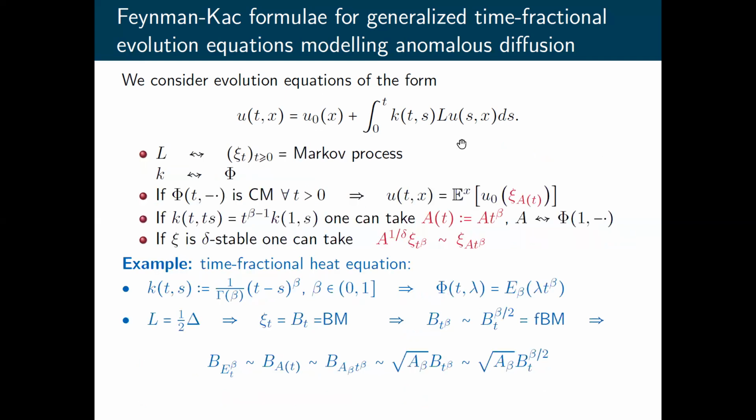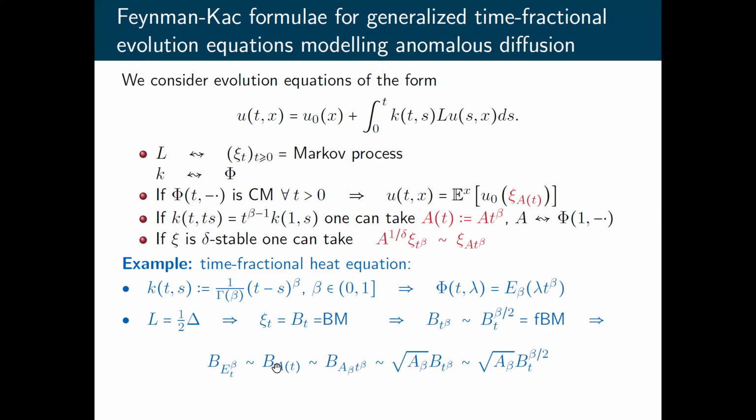Let us consider a particular example, time-fractional heat equation. So the kernel is given by a power function. Then the corresponding function phi is given in terms of Mittag-Leffler function. One can just calculate it, define all the coefficients and calculate it. As L, we have a fractional Laplace, or just a Laplacian, for example, 1/2 Laplacian, and hence the corresponding Markov process is Brownian motion.